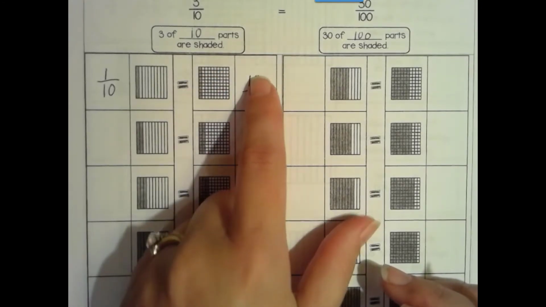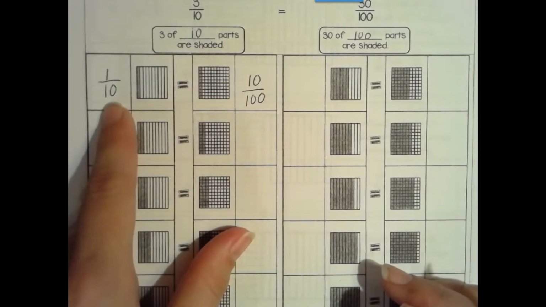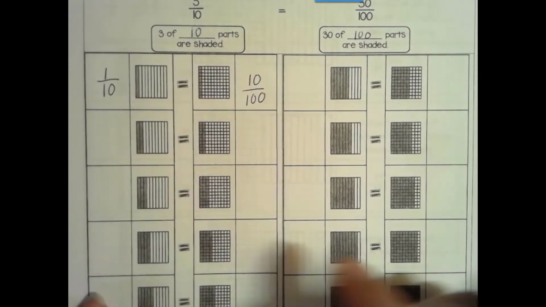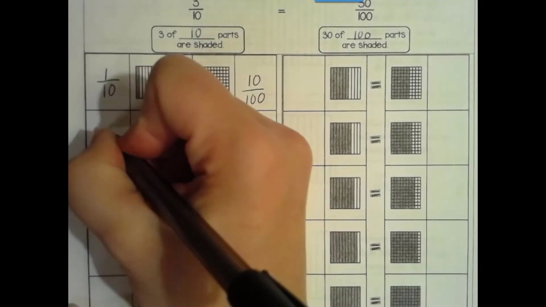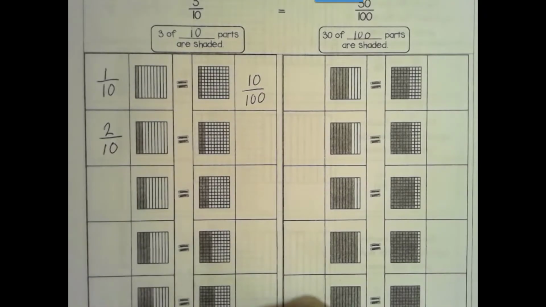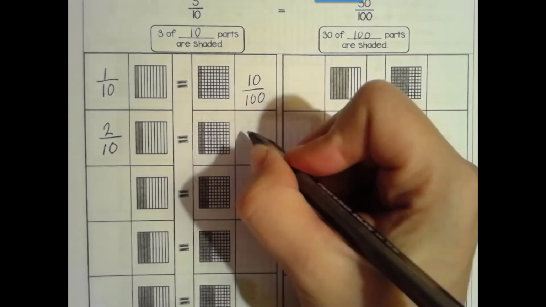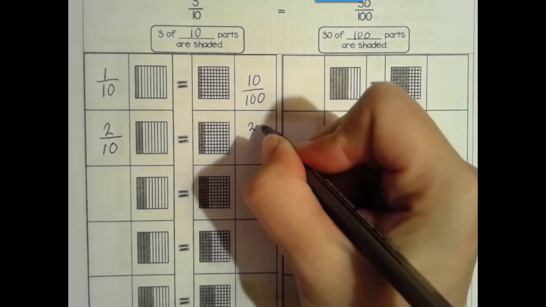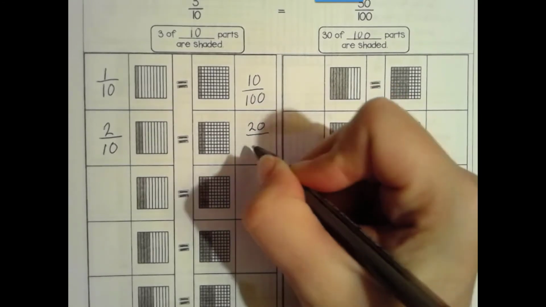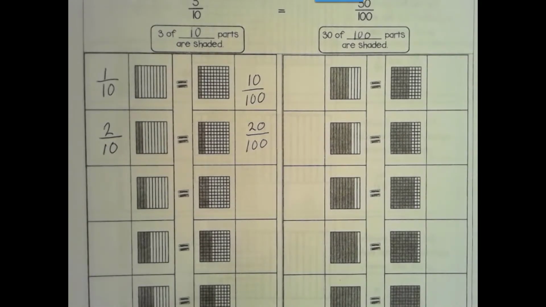Or if I divided both by 10, making groups of 10, this is the equivalent fraction I would get in lowest terms. Okay, so this one we have 2 out of 10, or 2/10, which could simplify to 1/5 because they're both even. Here we have 20 100ths, which would also simplify to 1/5.